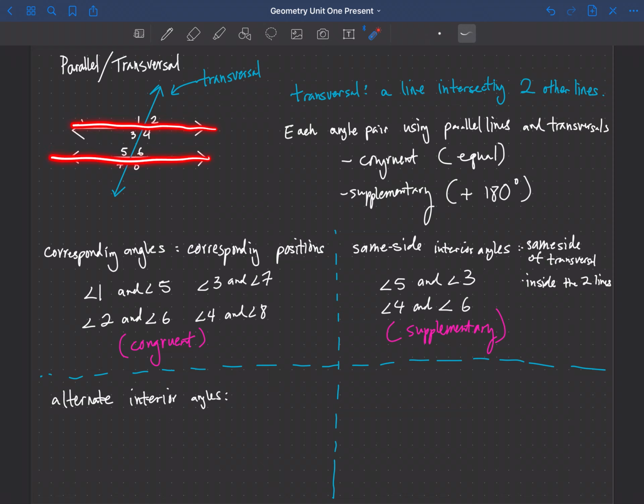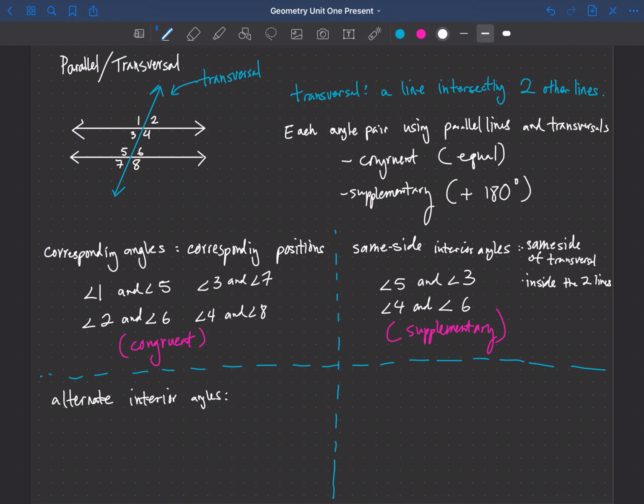But instead of being on the same side of the transversal, we are switching sides. So they have to be on opposite sides of the transversal. So that would mean we have 1 and 8, and also 2 and 7.